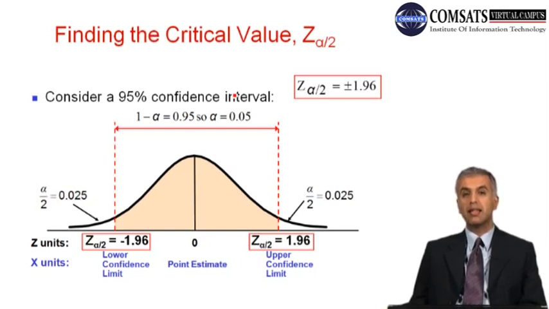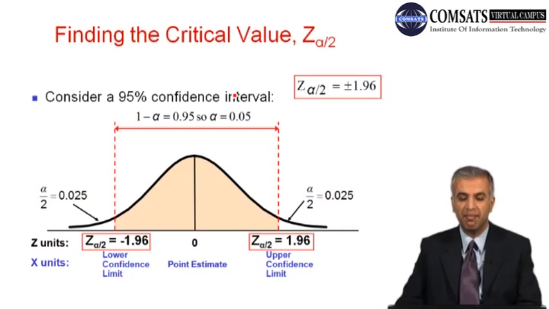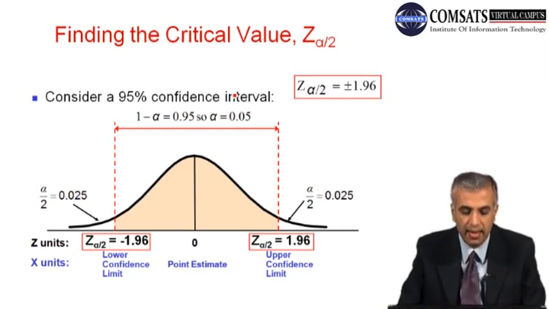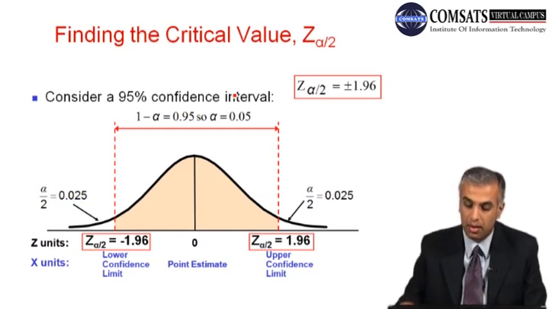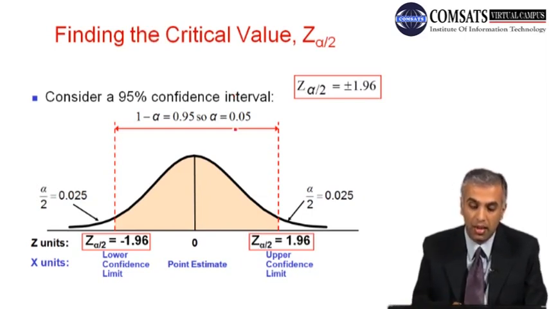When we are taking a 95% confidence interval, this is how the whole normal distribution is drawn, and it is the same process.